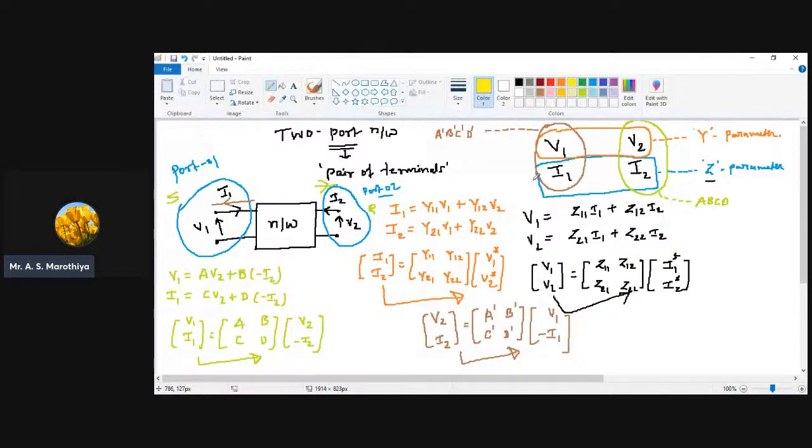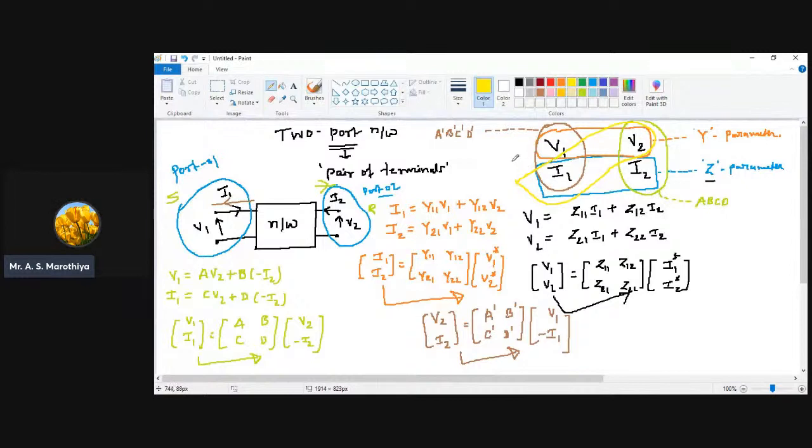That's why this type of combination is called hybrid combination or hybrid parameter. So now we are going to take V2 and I1 as independent, and we are trying to define V1 I2 in terms of V2 and I1.